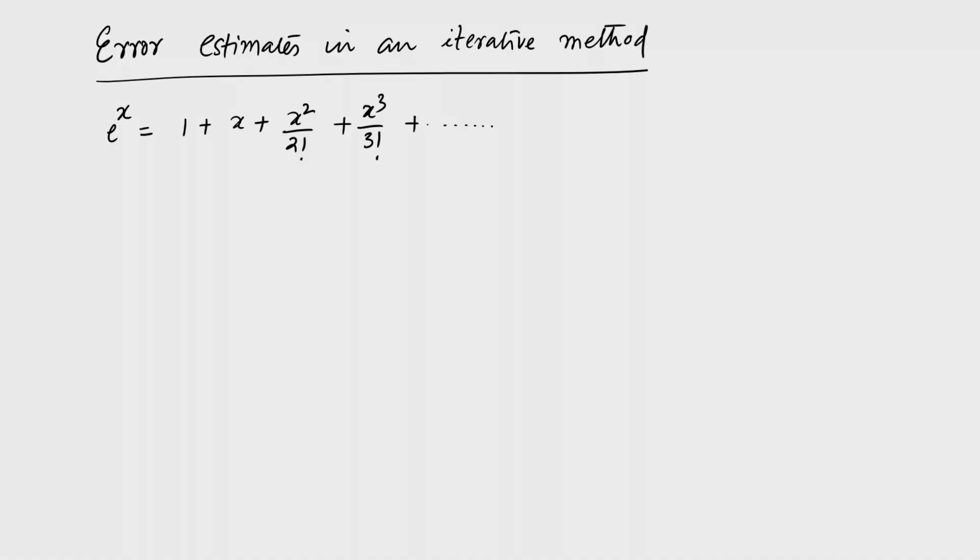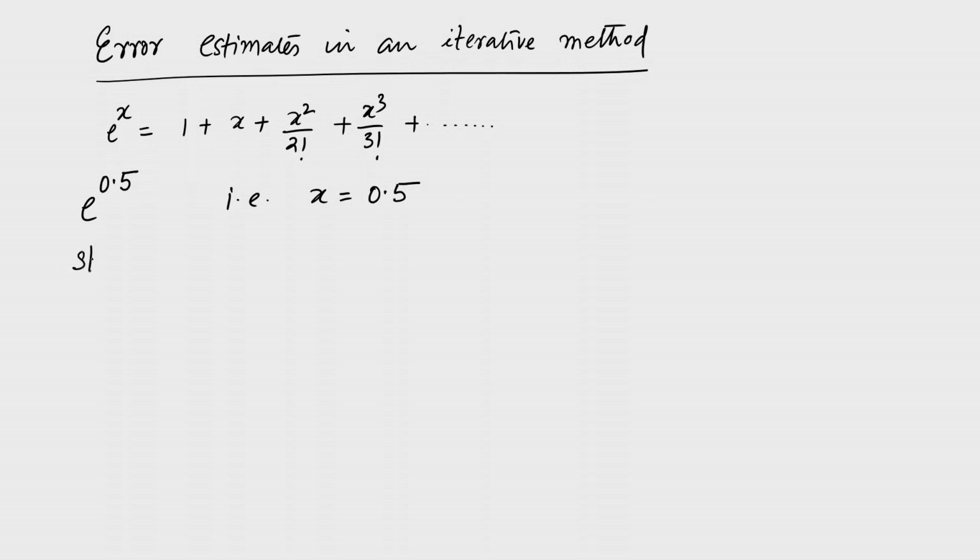So, we want to calculate a particular value of x, say we want to calculate exponential 0.5. So, you have x equal to 0.5. Of course, we know that if we take just the first term, that is like missing out a large number of terms, and we get exponential of 0.5 equal to 1, which is not a good approximation.